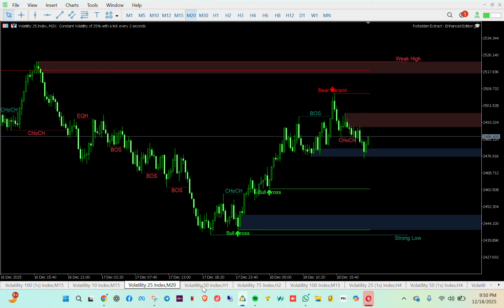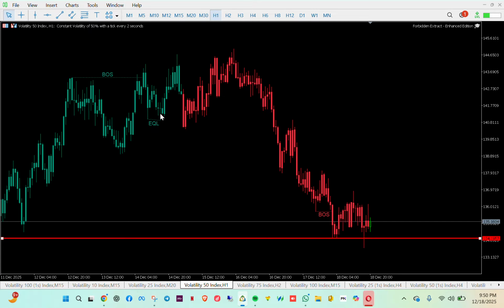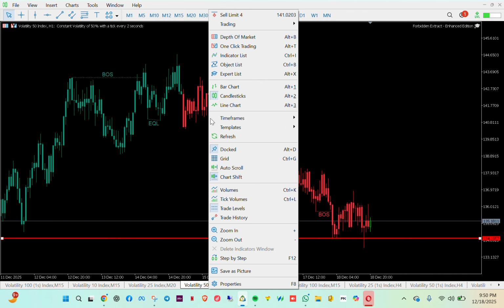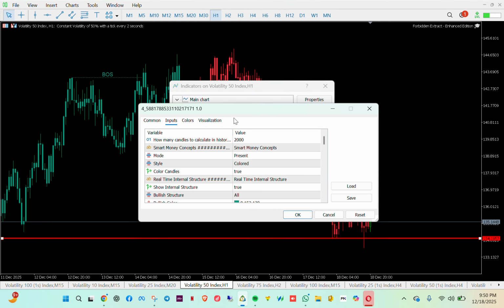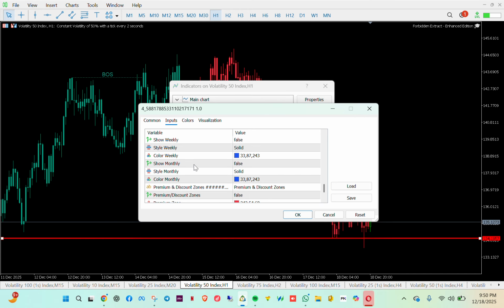Sure, you get. So what I just did now is, in this one, these are the settings that I use. I'm going to screenshot everything and then send it to you so that you know the one to turn off and the one to turn on. There are some that I just turn off.